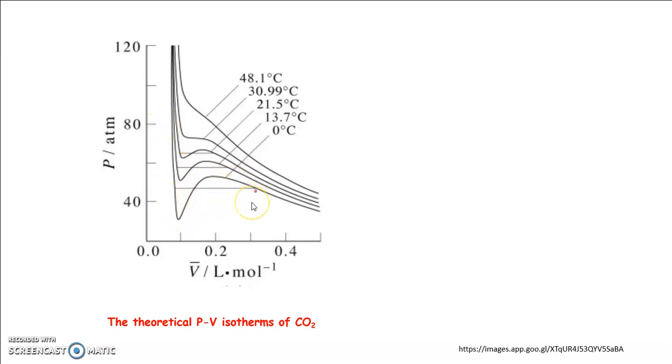I am marking it for the first line as A, B and C. As the temperature increases from 0, 13, 21, etc., the isotherm moves up and the 3 values get closer and closer to one another.